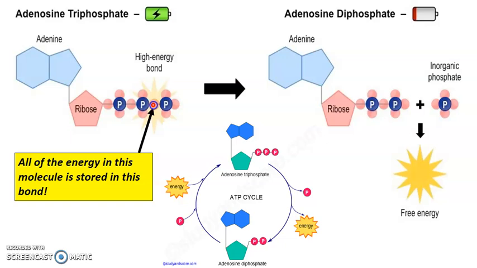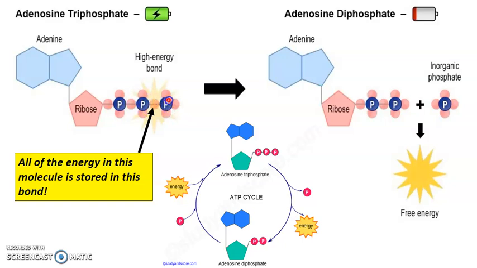Now, why does that bond in particular have a large amount of energy? Each of these phosphate groups is negatively charged, and they have a strong negative charge. Remember, like charges repel each other while opposites attract. So when you have 3 atoms here that have a very strong negative charge overall, they're going to be repelling each other, especially when you compress them.